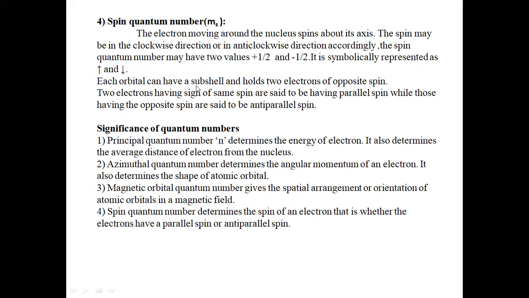Each orbital can hold two electrons of opposite spin. For example, if I take one s orbital, it can have only two electrons of opposite spin.